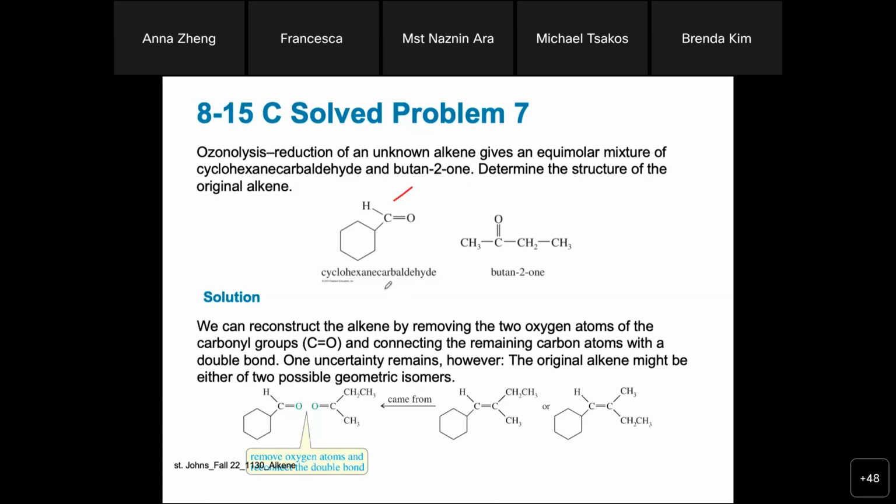One is cyclohexanecarboaldehyde and another is butanone. So now we can reconstruct the alkene by removing the oxygen atoms of the carbonyl groups. So here we go. The question is to determine the structure of the original alkene.